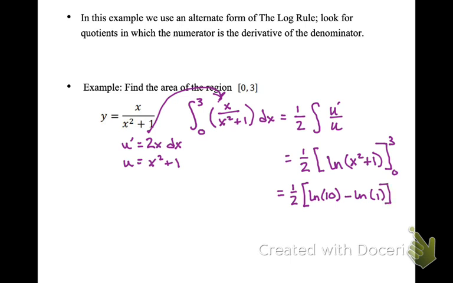Well, we don't know the natural log of 10 without a calculator, but you better know the natural log of 1 without a calculator. It's 0. So we just have 1/2 natural log of 10. If they wanted anything further, you would put it in a calculator, and you would get 1.151, approximately.